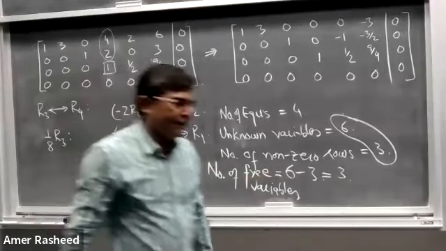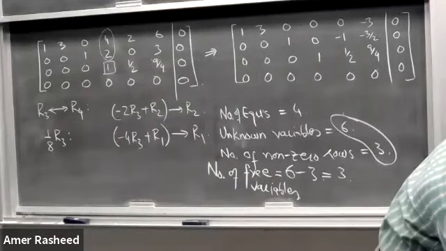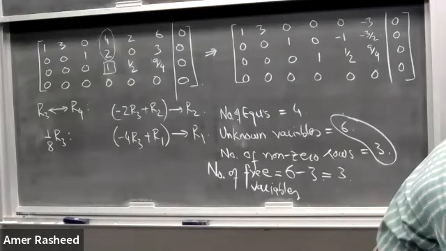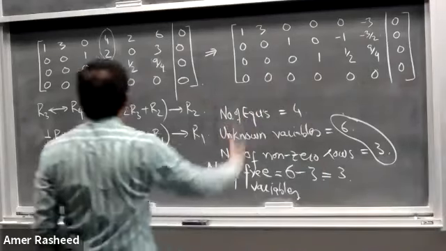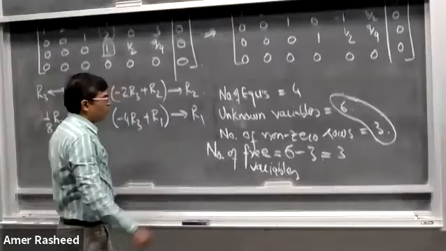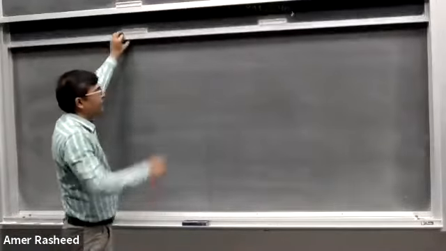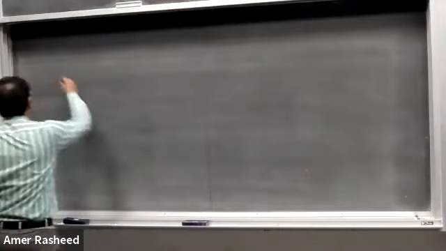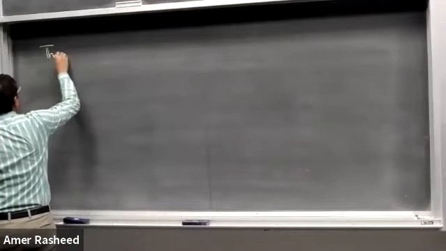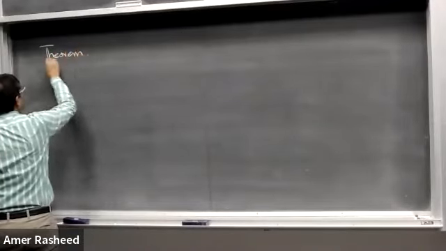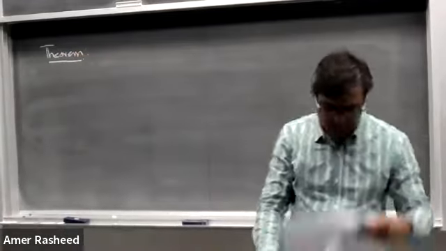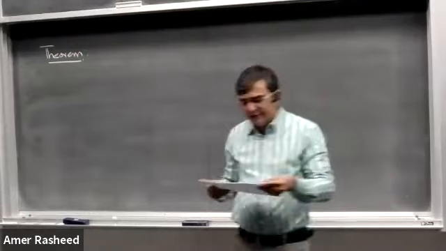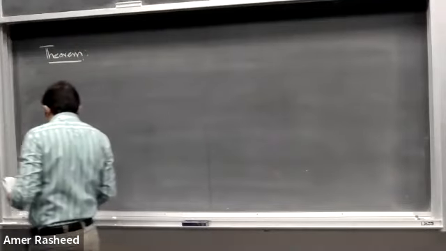Okay, and this observation is true for all kinds of homogeneous linear systems. So there is a theorem which tells us this observation. It's written here in my lecture slides. Free variables in homogeneous linear systems.